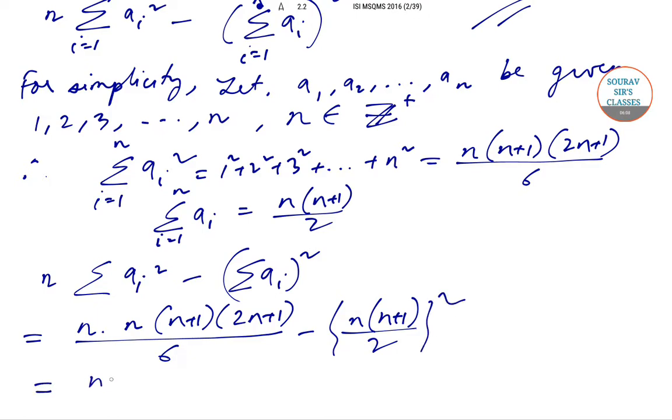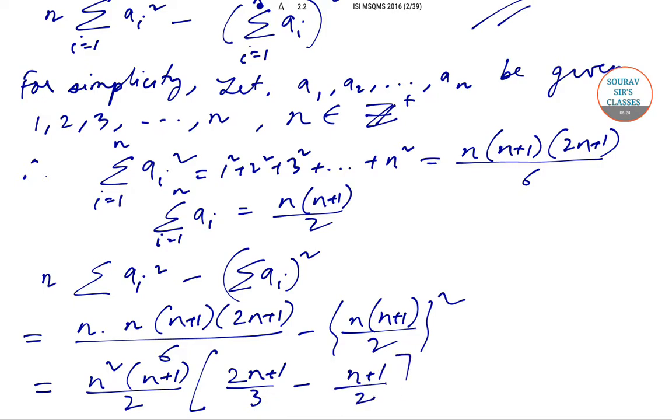So if we take n square and (n plus 1) by 2 common, then it comes down to (twice n plus 1) by 3 minus (n plus 1) by 2, and this is equal to n square into (n square minus 1) by 12.